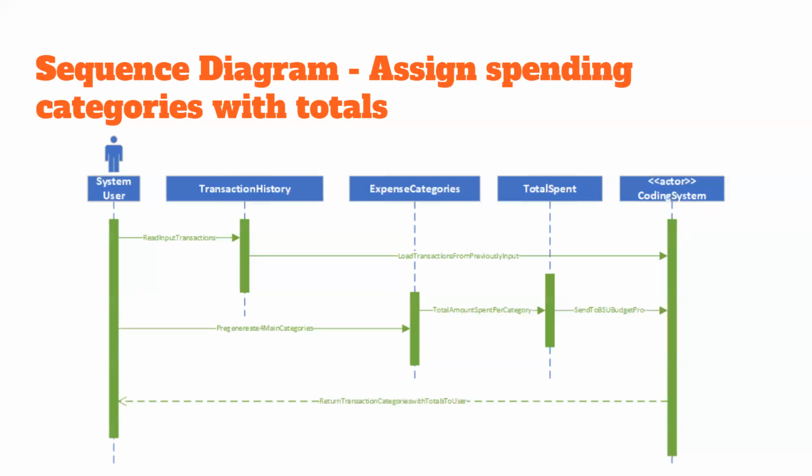So living expenses, debt, miscellaneous, and food. And then it would have you put those transactions into expense categories where it would total the amount spent per category, and it would send that information to BSU Budget Pro. And then it would return those transaction categories with their totals to the user so they can see that information.